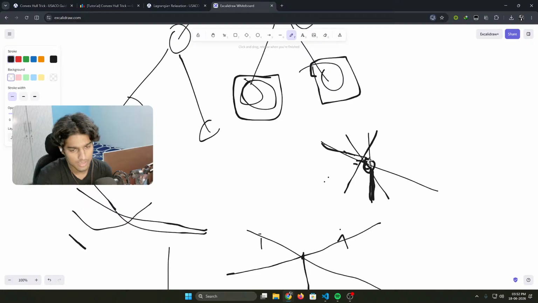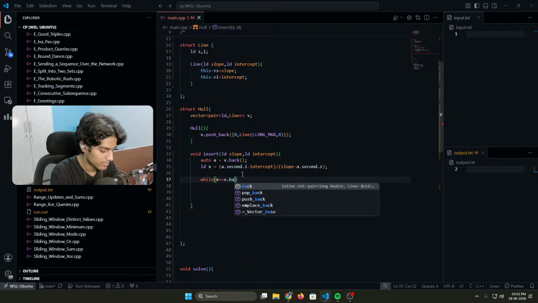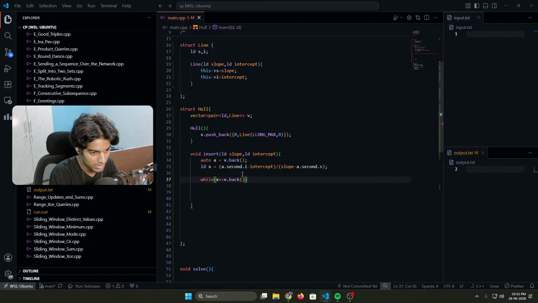But on what basis? Until this X is less than or equal to... while loop. So while X is less than or equal to B dot back.